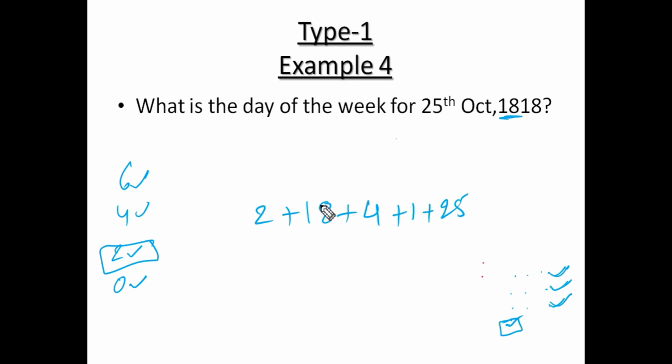Okay. 2 plus 1 plus 25. Yes, it is directly divisible by 7. 25 plus 1, 26 plus 2, 28 is directly divisible. 18 plus 4, 22. 22 divided by 7, the remainder is 1. So finally, 1 odd day is there. If 1 is the odd day, 0 is Saturday, 1 will be Sunday. This is Sunday.